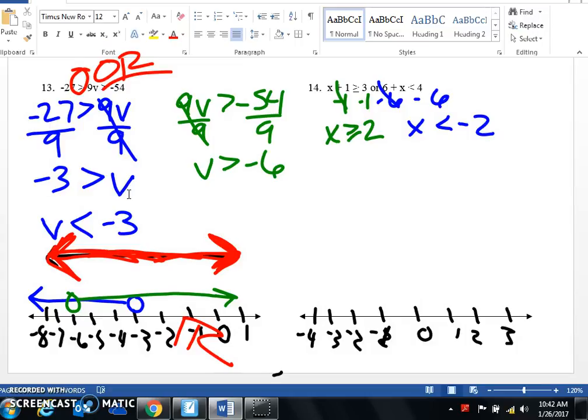All right, so if I go to 2, and it's a closed circle, going to the right. -2, open circle, going to the left. And then I need an or. So either or is true. So once again, done. All right.